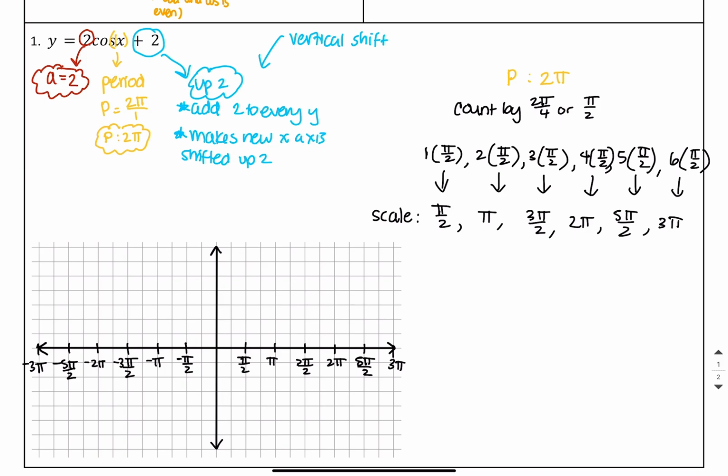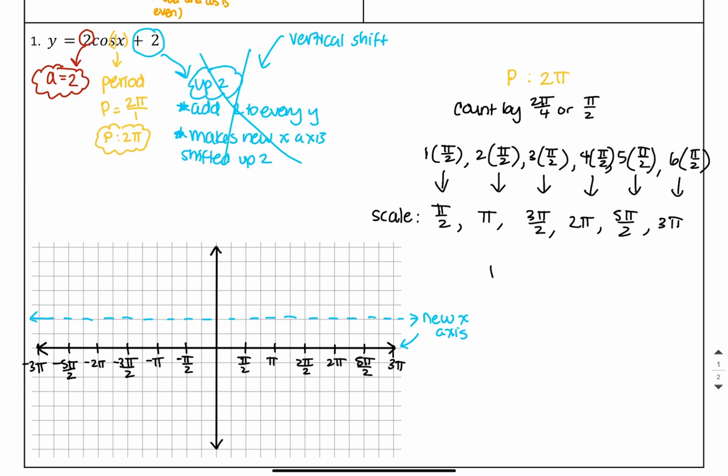So my new x-axis is going to change from here. It's going to be up 2, so it's going to be at this place here at y equals 2. That's where my new x-axis is. So this is my new x-axis. With doing that, I took care of this transformation, so I don't need to consider it when I'm doing anything else.